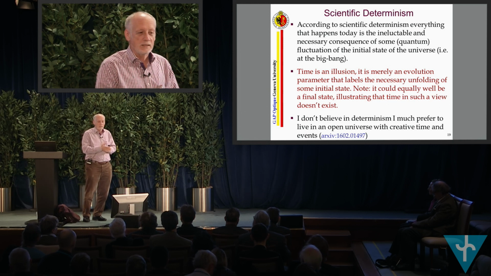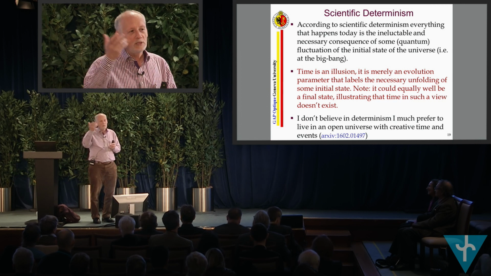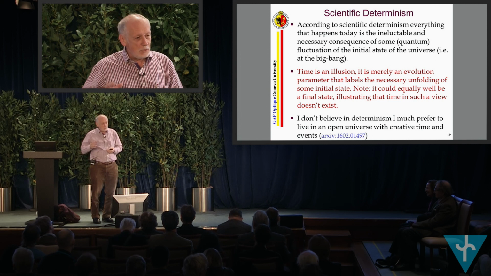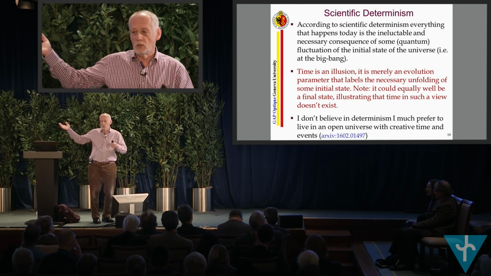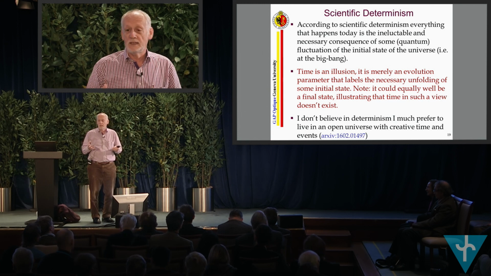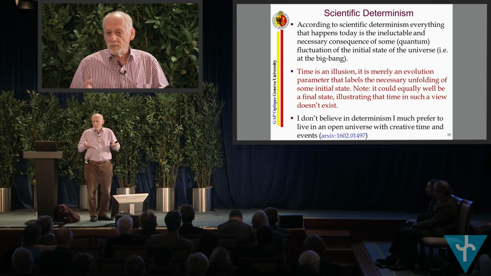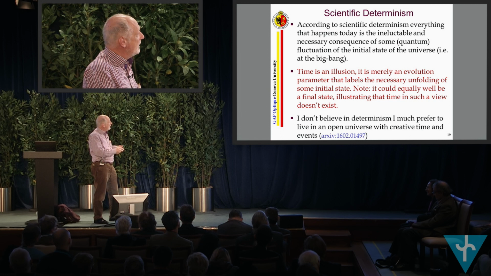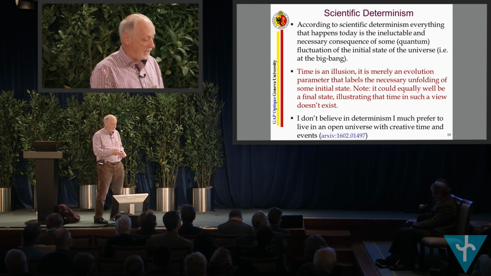I don't know how you say that in English, but physicists get kind of screwed by their profession, and because we learned about equations and all these beautiful clocks and solar systems and things like that, at the end we start believing in determinism. But it is absurd. There's no reason at all to believe in determinism. So we live in an open universe with creative time and events.